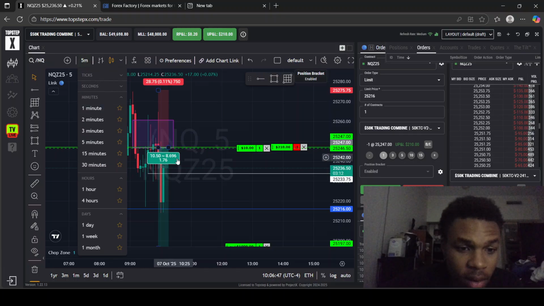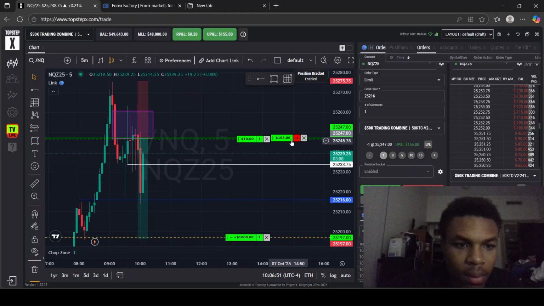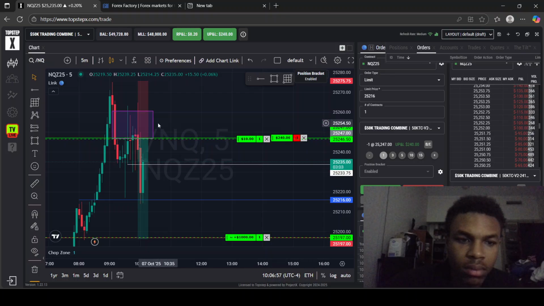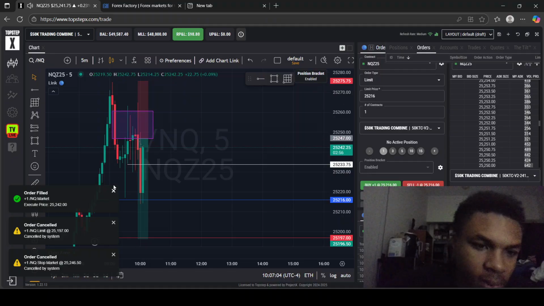This candle's going fucking crazy right now. Liquidity sweep. Alright. Order I took filled. 100. It is what it is.